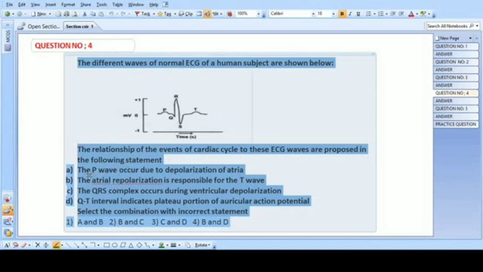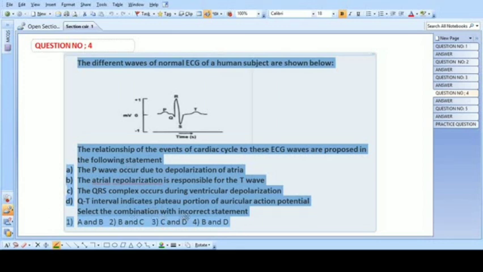Statement 1 says that the P wave occurs due to depolarization of atria, and the atrial repolarization is responsible for the T wave, and the QRS complex occurs during ventricular depolarization, and the QT interval indicates the plateau portion of the auricular action potential.